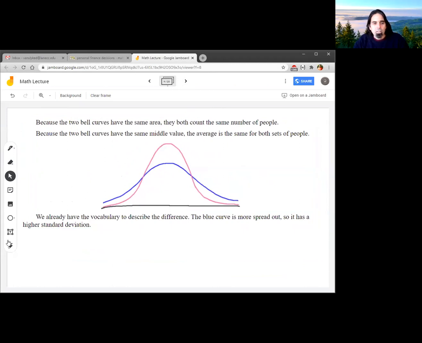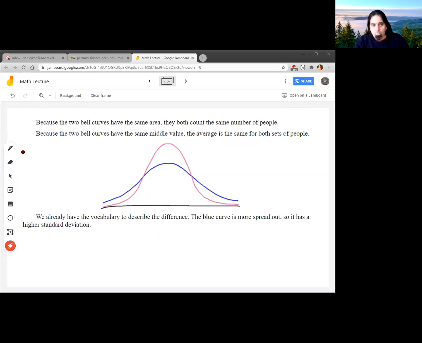If I drew them right, they'd have the same area underneath, the same number of students, or weighing our pets, or counting our incomes, or whatever these are measuring. They have the same number of things being measured. They also have the same middle value.